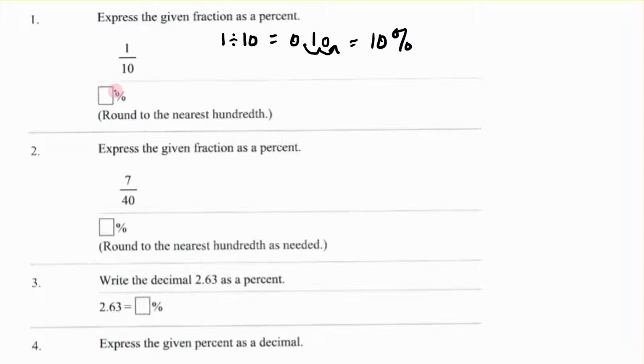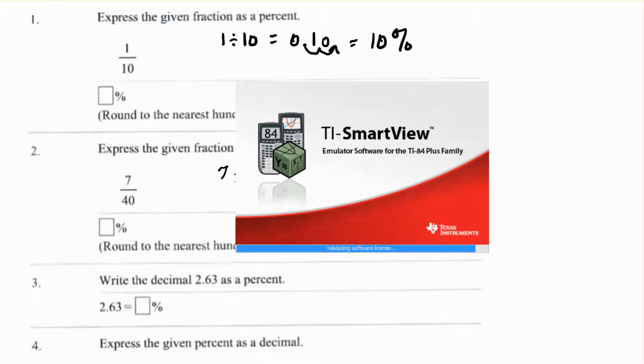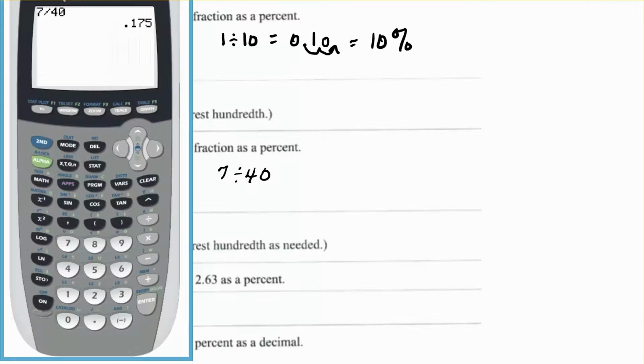The next one, fraction to a percent. I'm going to take 7 and divide it by 40. I can do that with my calculator. Right, and I actually already have it on the screen. 7 divided by 40, and I get 0.175.